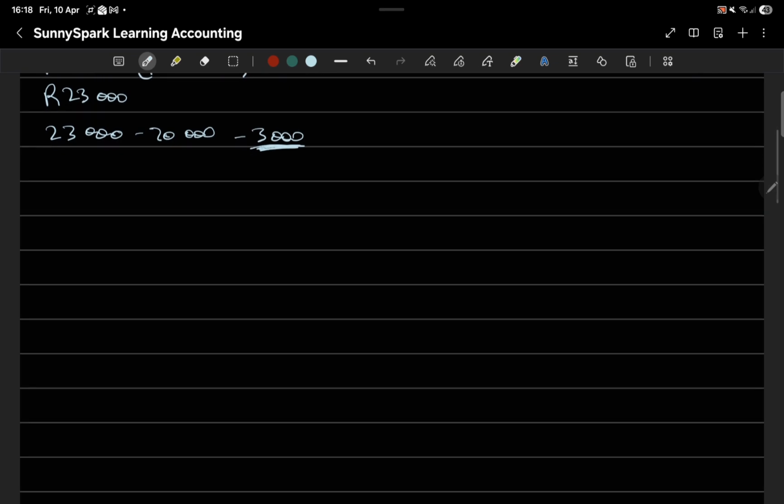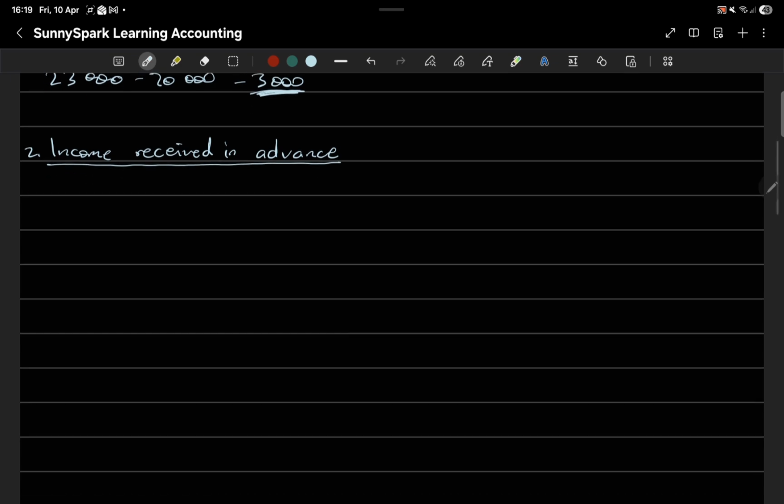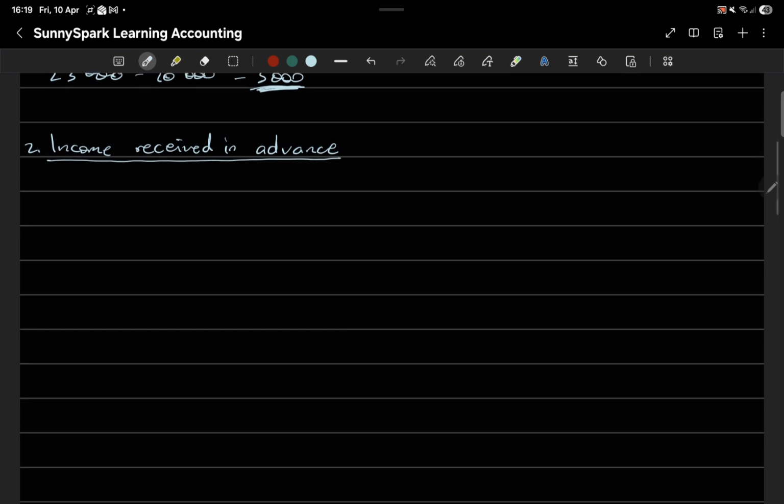Okay, so now let's move to number 2, which is income received in advance. With this one, it's similar to prepaid expense, but the opposite.